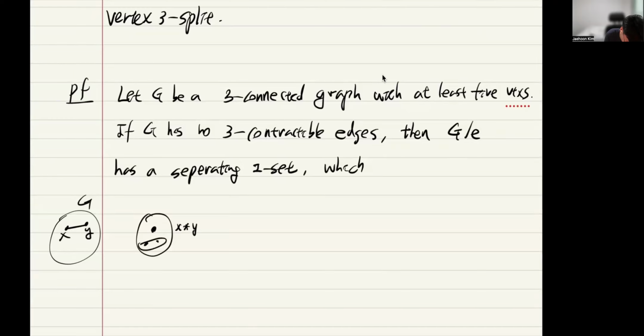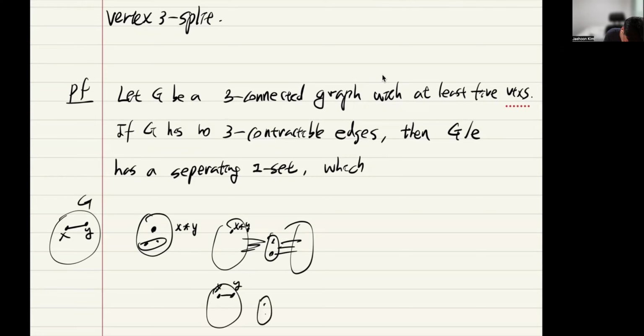If this separating set doesn't contain x star y, and x star y is somewhere here, and these are disconnected, then in the original graph G, you have x, y, and the same two sets, so that this set of size 2 is again a separating set in your original graph, which is a contradiction because G is a 3-connected graph.